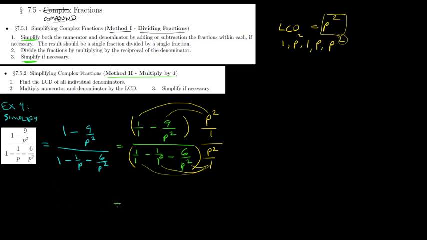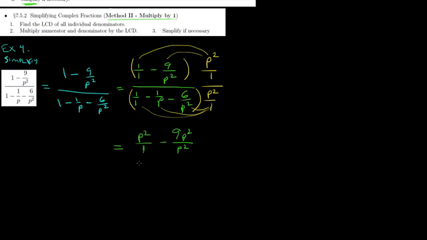And so let's do that here. So 1 times p squared is p squared divided by 1 times 1, which is 1, minus 9p squared over p squared times 1, which is p squared. And I think I'm quickly going to run out of room here. Right?